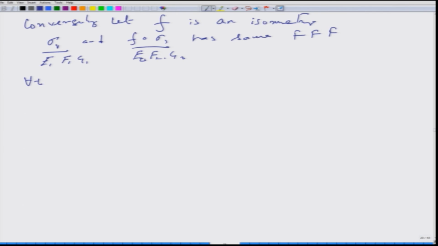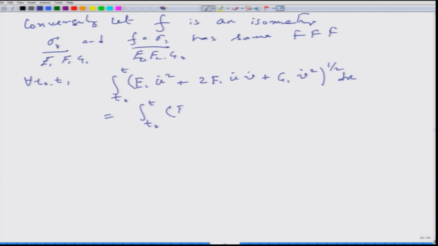Since f is an isometry, for all t naught and t1, the length is preserved. But this integral equation is true for all t naught and t1, whatever curve you take. That will imply these two are the same.